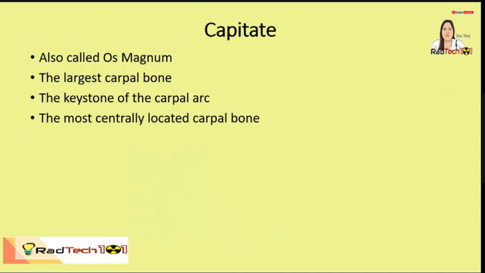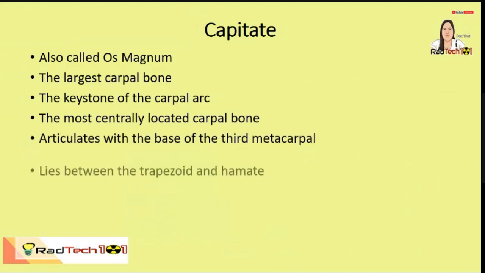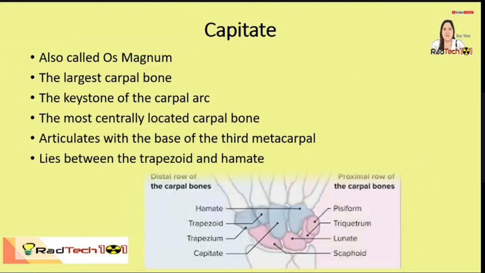So as you can see, the capitate is placed at the center. Ito siya. So the most centrally located carpal bone, so at the center, articulates with the base, ito yung base ng third metacarpal, and lies between the trapezoid and the hamate.